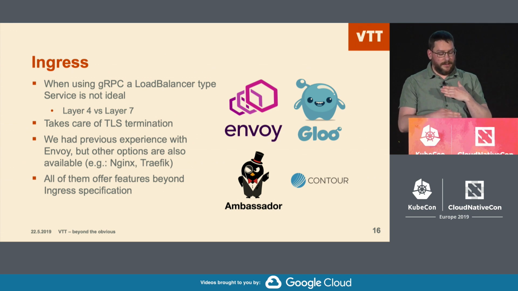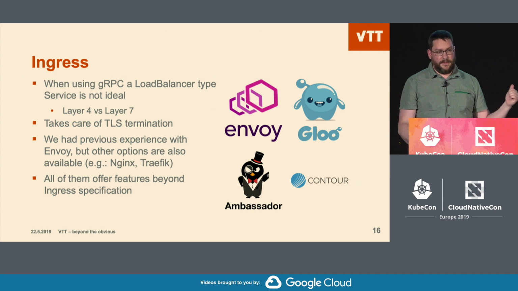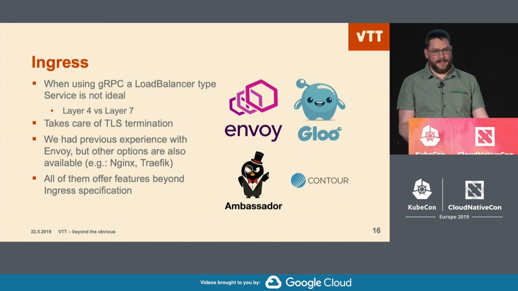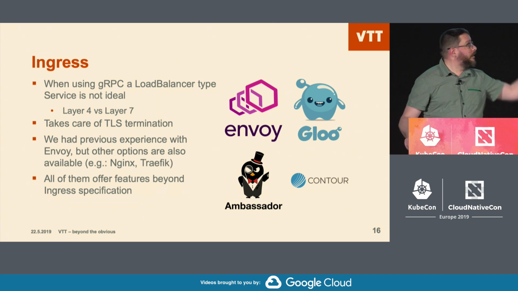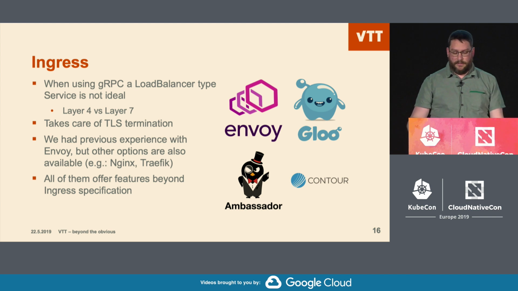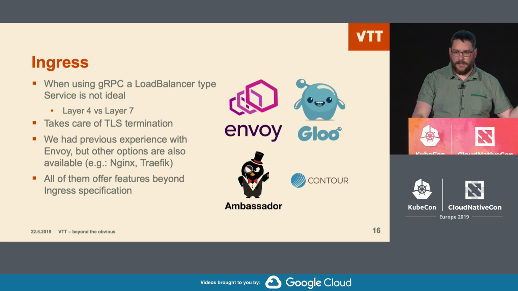We needed something that can take care of TLS termination. And because I had previous experience working with Envoy, I wanted to work with something based around Envoy. So that's why we started to try these three. The original 1.0 version used Heptio Contour, or now VMware Contour, I guess.